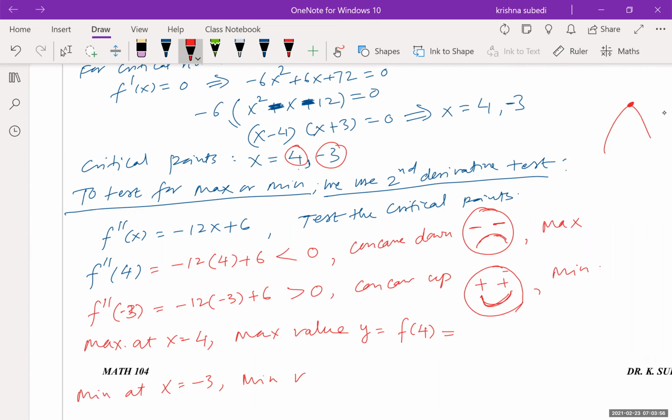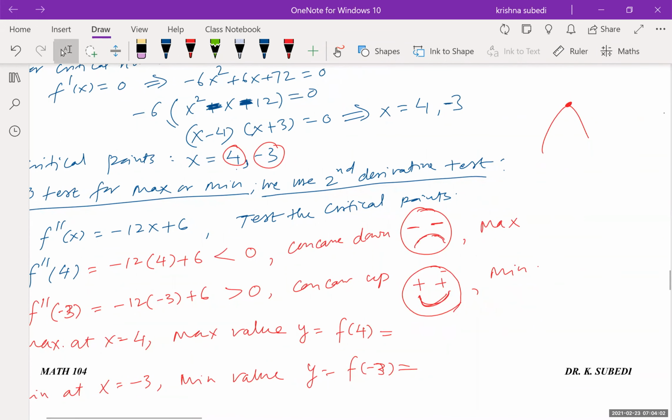So minimum value will be y equals f of -3. Okay, let us plug in this value and see what happens. So when I have x equals 4, I'm plugging in this value in the original function.